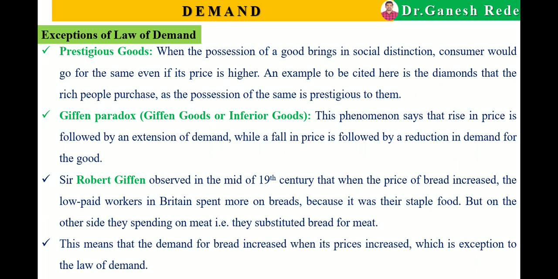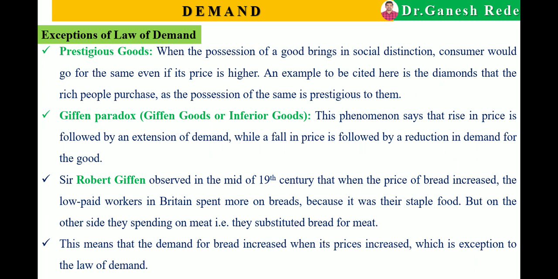First, prestigious goods, those goods which are considered as prestige or status goods. On such goods the law of demand is not applicable, because while purchasing such goods, the consumer will not think about the prices. An example here is diamond.